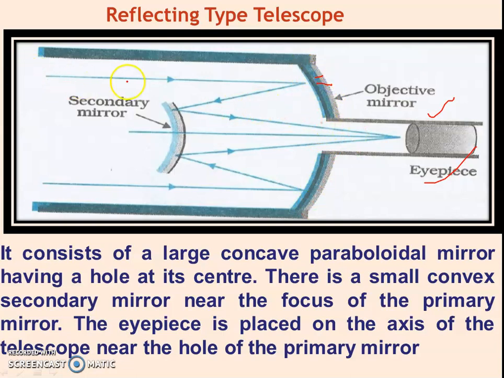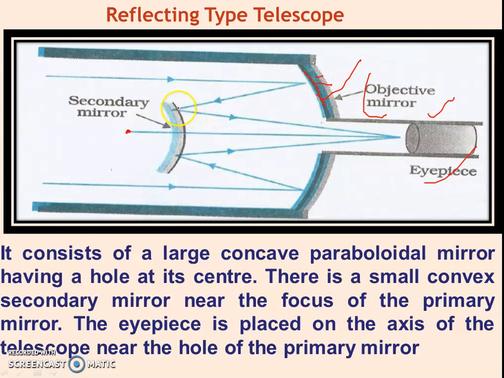Now rays are coming from infinity and get incident at this concave mirror. This is the objective mirror, and it reflects and tries to focus at its focal point. This is the focal point of this parabolic concave mirror.